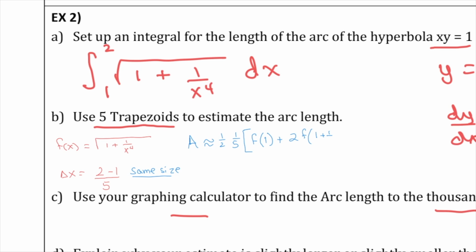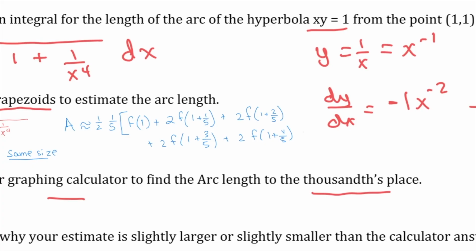So that'll be 1 plus 1/5 plus 2 times f at 1 plus 2/5 plus 2 times f at 1 plus 3/5 plus 2 times f at 1 plus 4/5. And then our last part is just going to be the endpoint, f at 2.